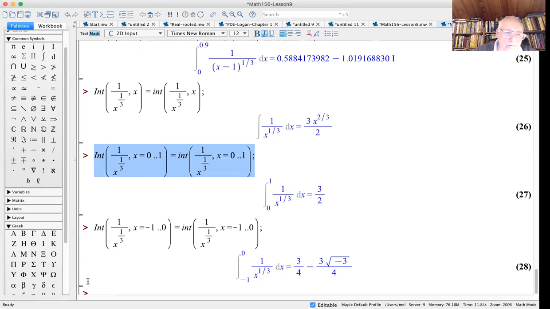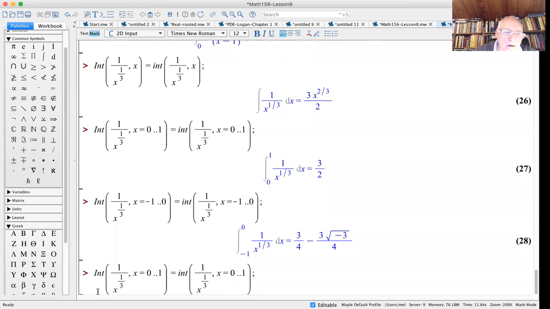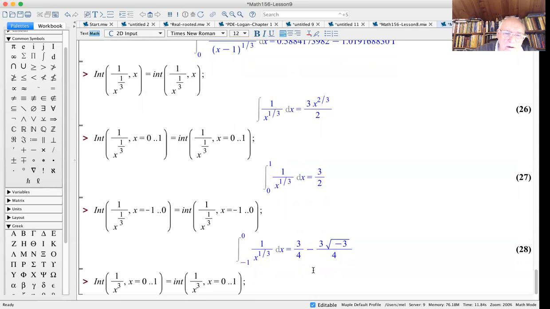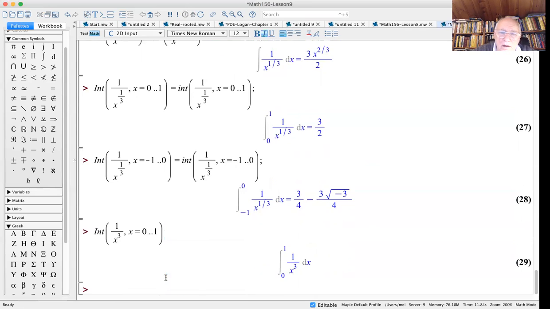But if we change that to the integral of 1 over x cubed, that's infinite. That improper integral doesn't exist.